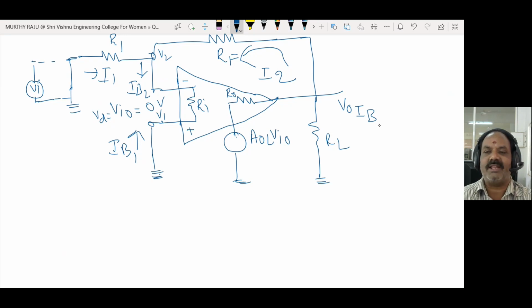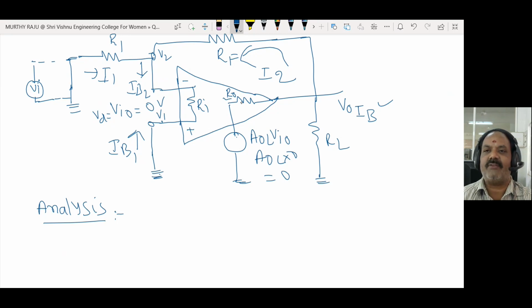The output offset voltage is due to input bias current only, IB1. Here VIO is equal to 0, so AOL into 0 is equal to 0.